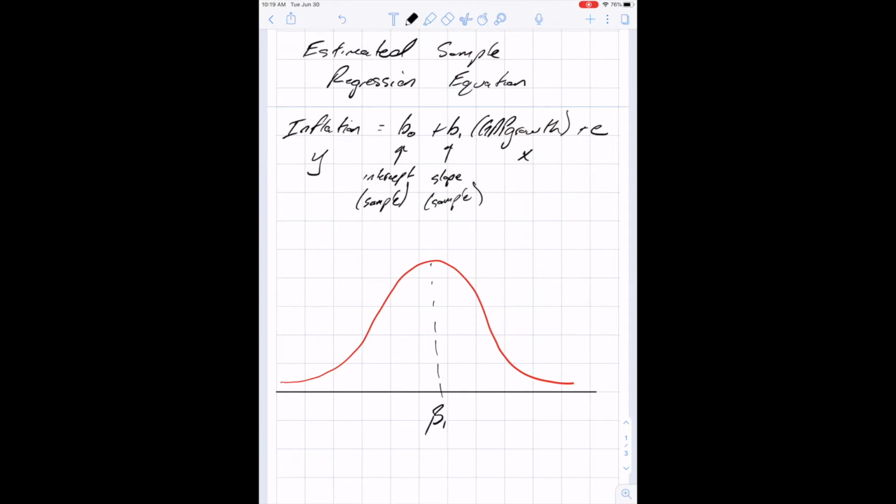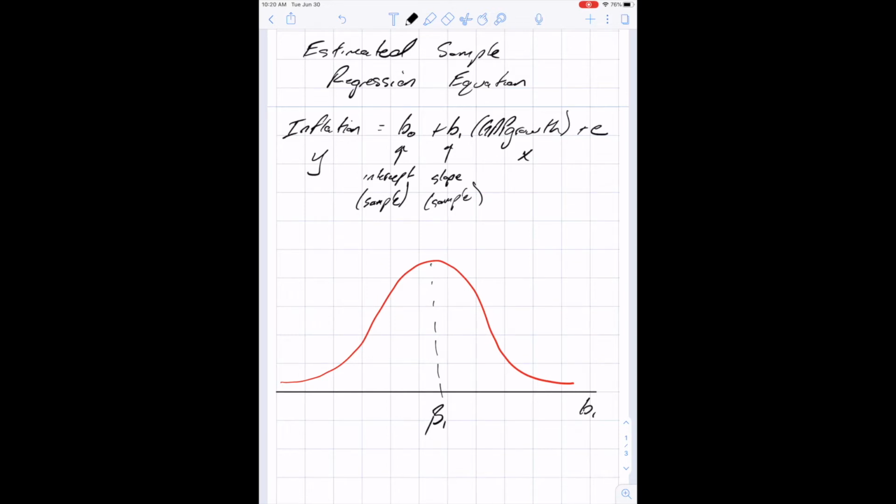At the truth. So here is our parameter, our population slope, right there in the middle. Our b1s, our sample slopes, will come from a bell curve around beta 1. It's going to be a t distribution, actually, as you know from x bars and mu. So it's exactly the same thing. The only difference is now we're talking about a slope.